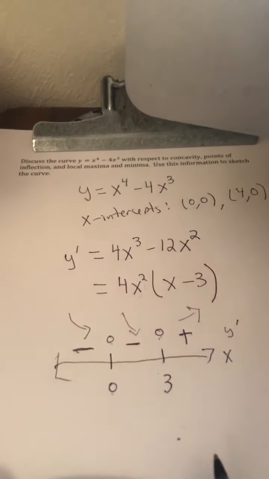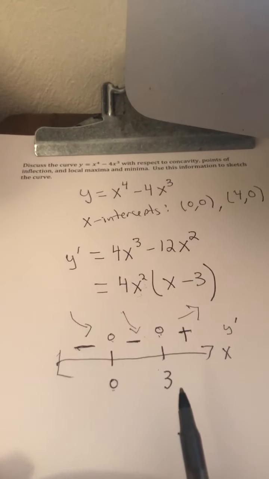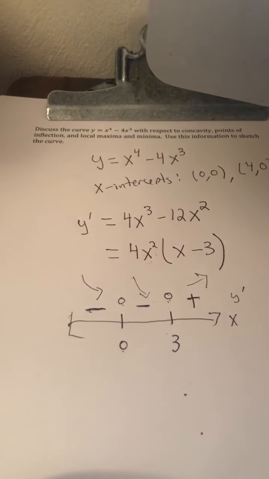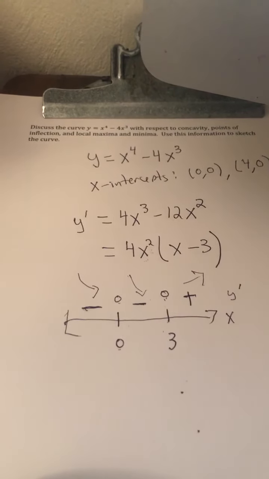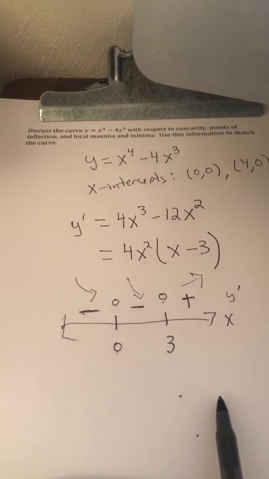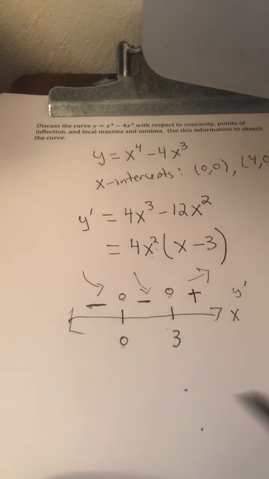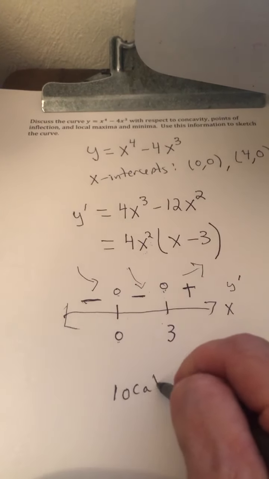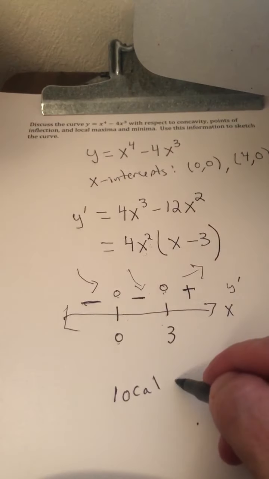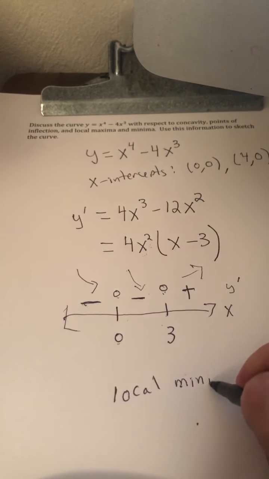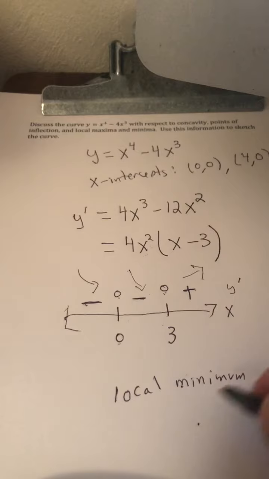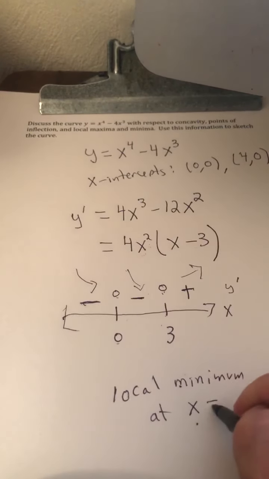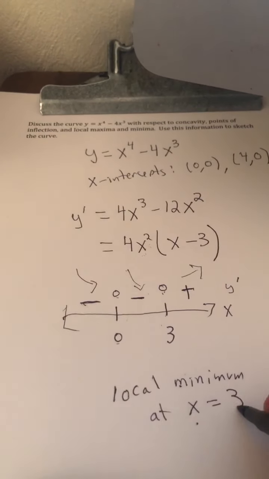So actually we have only one local extremum, because a local extremum occurs when the function changes from decreasing to increasing or increasing to decreasing. So we're going to have a local minimum at x equals 3.